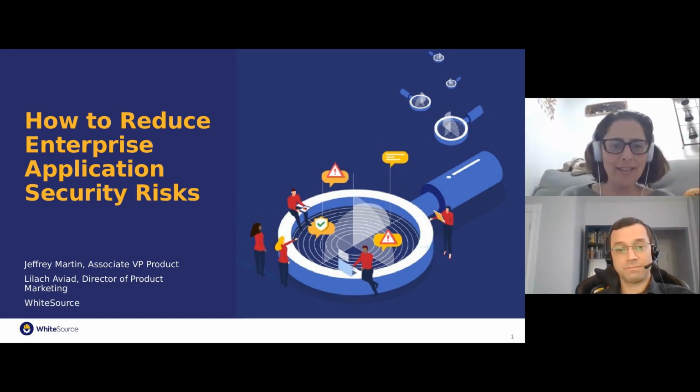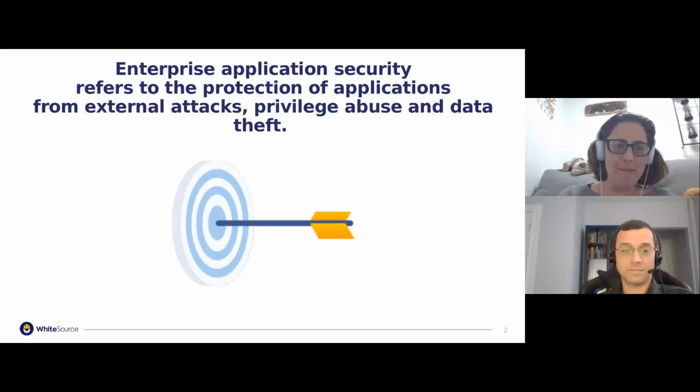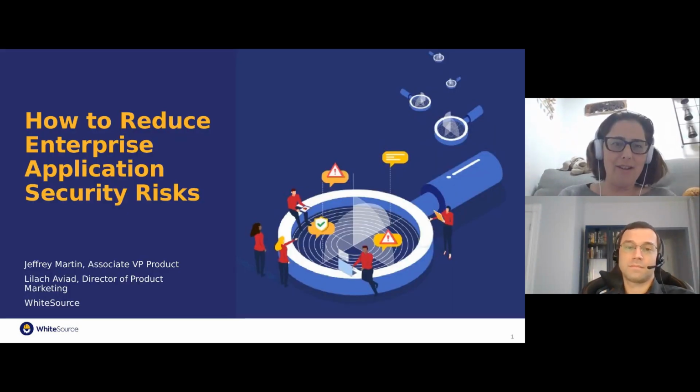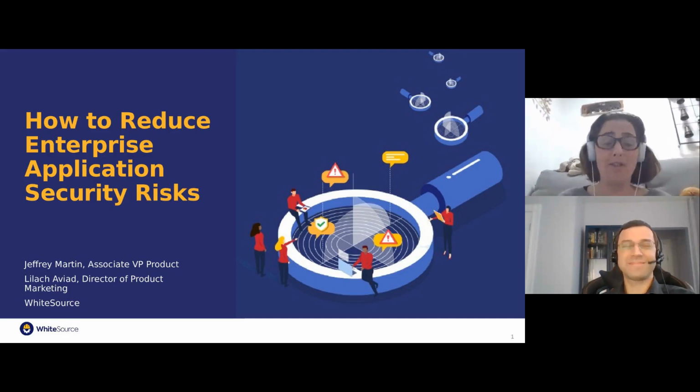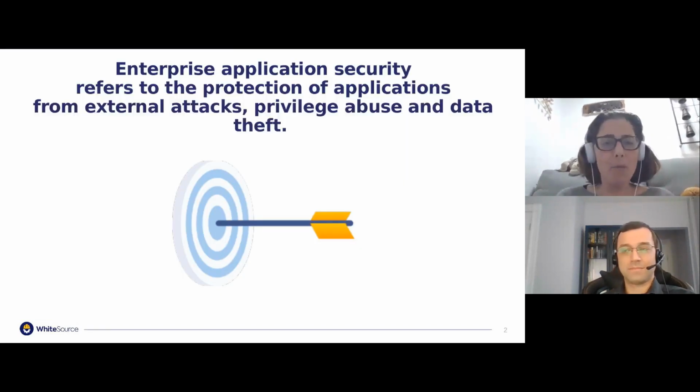So, hi, everybody. What we're going to discuss today is how to reduce enterprise application security risks. What we're going to share with you is the results of our research report that we conducted together with Ponemon Institute, in which we surveyed over 634 IT and IT security practitioners who are familiar with the organization's approach to securing applications.